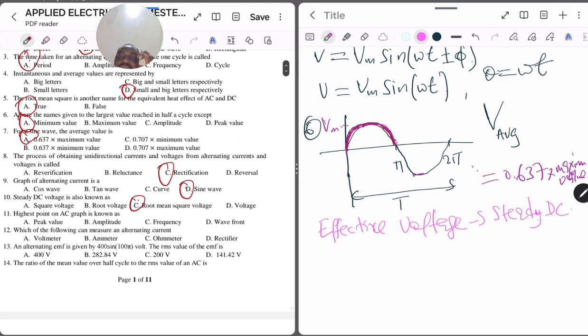Now moving to question 11. Highest point on AC graph is known as, here the highest point. If you have an AC graph, meaning if you have an alternating current, for example, let's say this was to be current. Let me make this into a current.